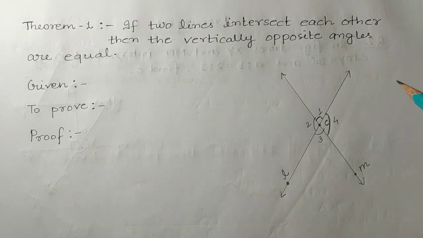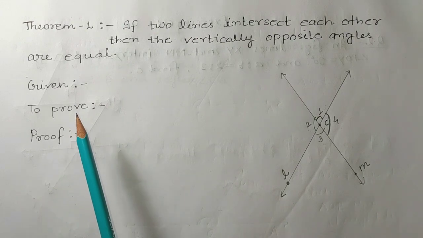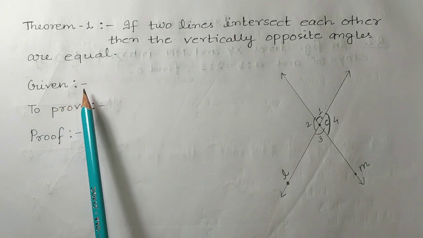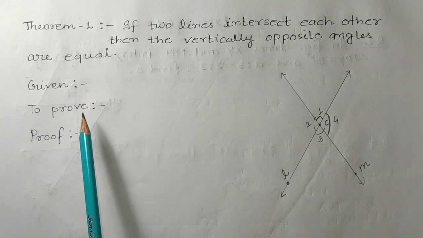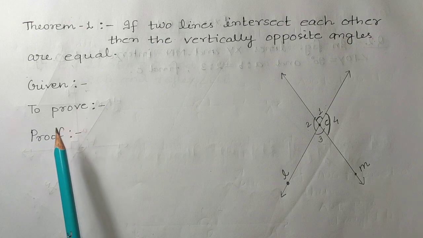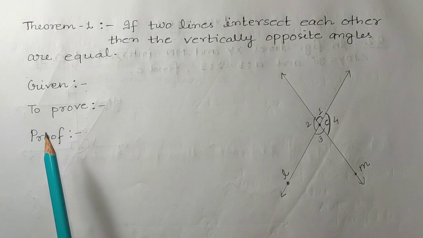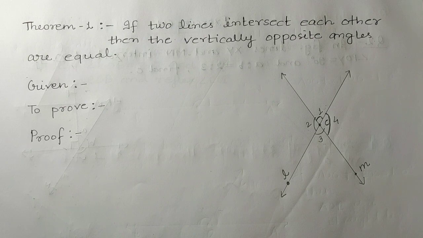Now students, the proper method to prove any theorem is: firstly we write given, then we write to prove, and then if needed we write a construction, and after that we prove. So this is the proper method to prove any theorem.